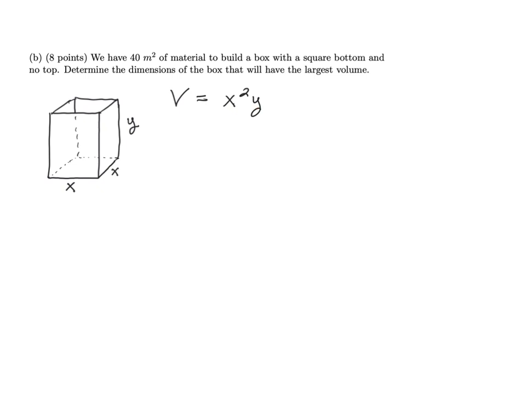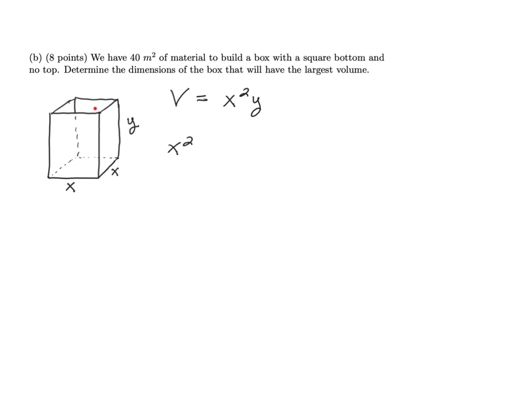But it's of two variables, so I have to find another equation that connects x's and y's. And that's where this 40 square meters of material will come into play. What is the surface area of this box? And I'll only consider one side of each piece just because that's the way you'd build this with this material. Well, the bottom has an area of x squared, so I'll write that down.